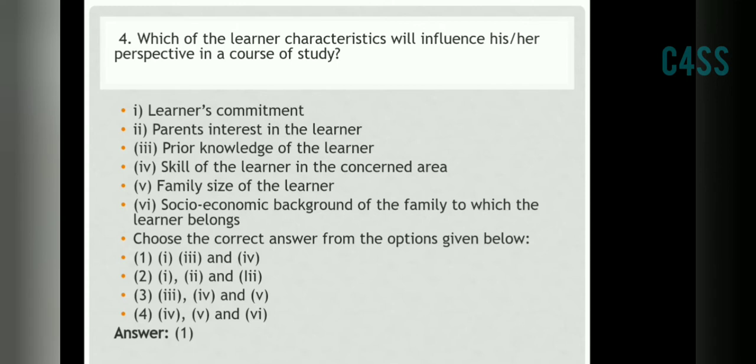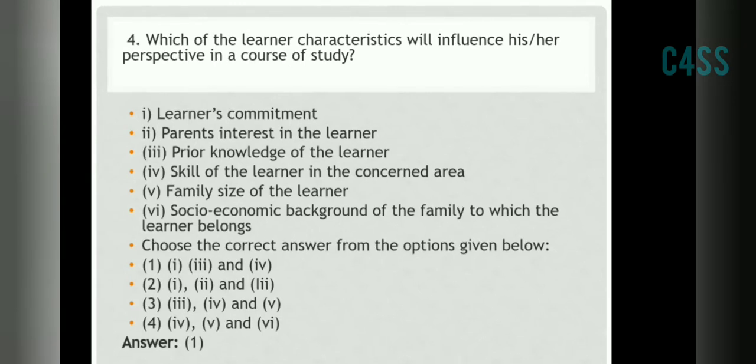Answer: learner's commitment, prior knowledge of the learner, and skill of the learner in the concerned area. While discussing the perspective of a learner in a course of study, the family or family interest background may not influence a learner's characteristics in selecting a course of study.